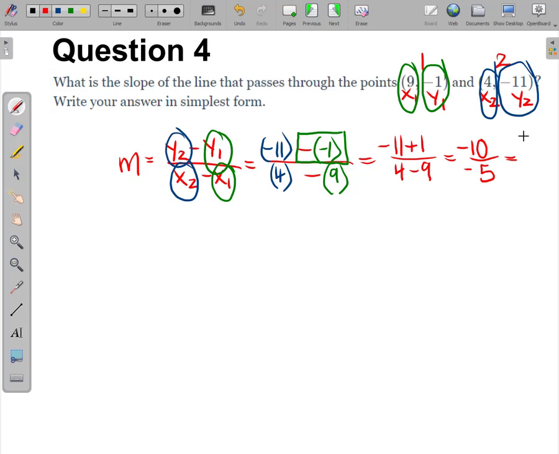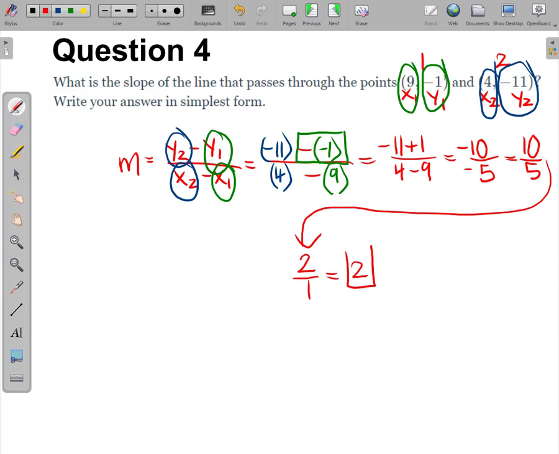And then a negative divided by a negative is a positive 10 over 5. Lastly, I'm kind of running out of room, 10 divided by 5 simplifies to 2 over 1, which would really just simplify to 2. And so my slope is 2, and that's a positive number, and that's going up and to the right.